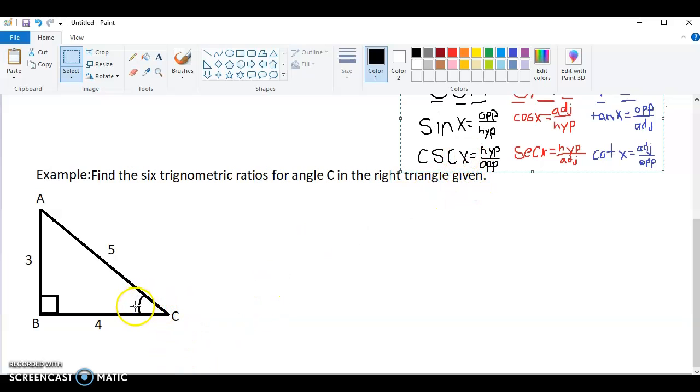So we have C here as our angle. With our phrase Sohcahtoa, we could figure out that sine of C equals opposite over hypotenuse. So we'd look at the opposite of the angle, which would be 3, and the hypotenuse is across from the right angle, which would be 5.